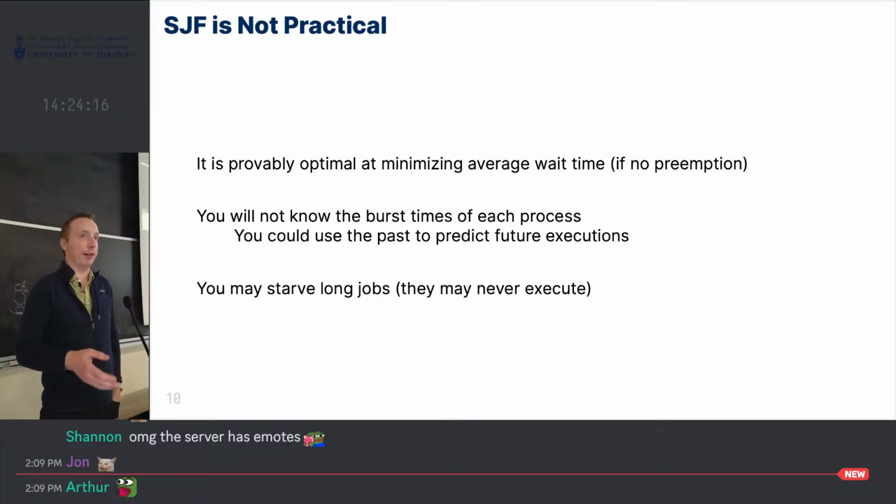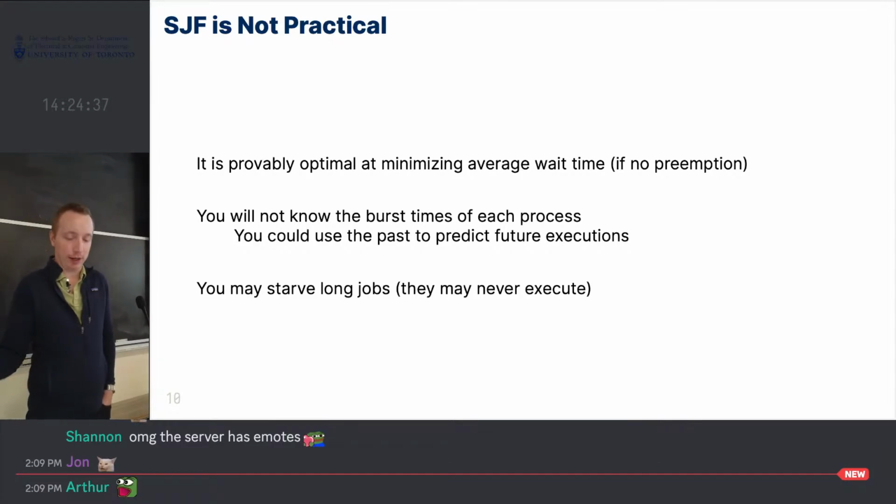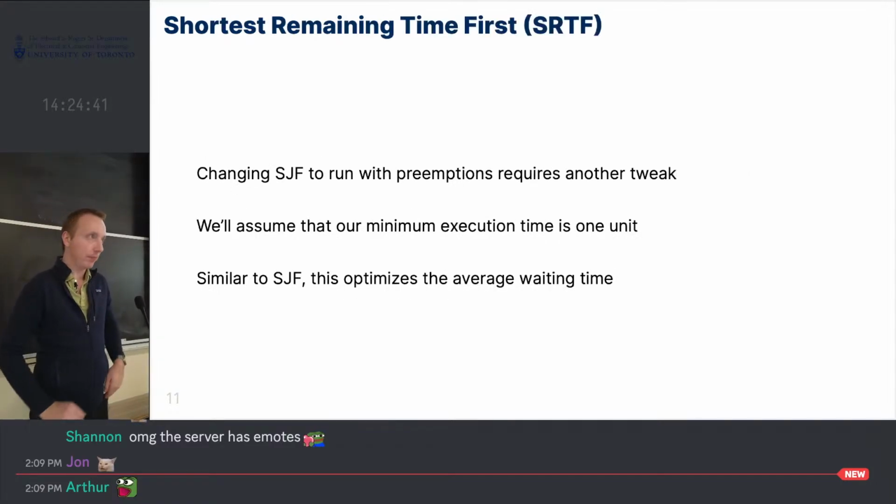So say every time unit, I had a 1 time unit job come in, and I also had a job that wanted to execute for 8 time units. Well, since new short jobs are constantly coming in, that job that was 8 time units will never execute, and the term we use is that it gets starved. So it never actually executes. So those are 2 reasons it's not practical.